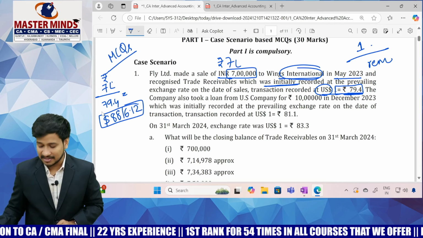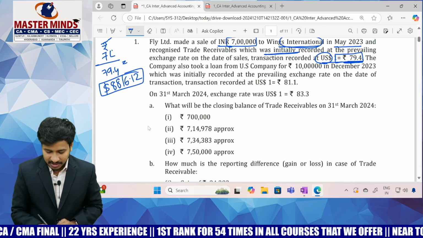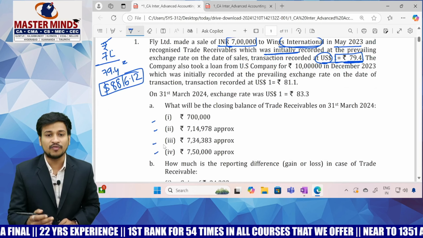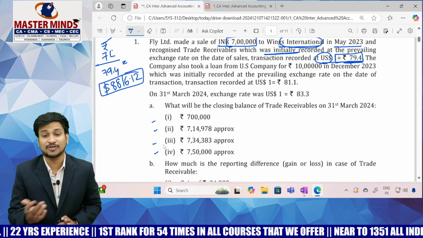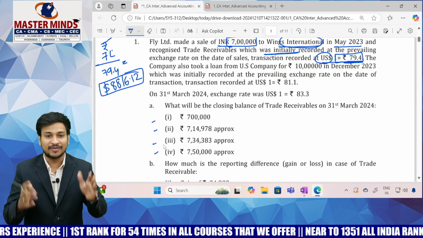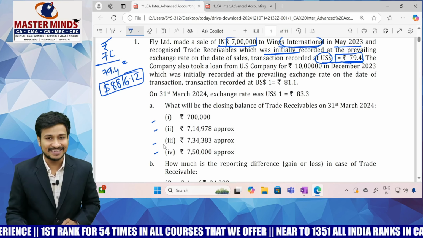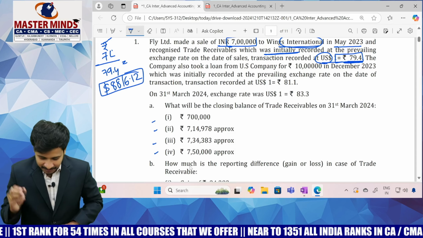The greatest part is that, if you check the MCQs, nowhere is it given that AS 11 is not applicable. So we are very happy; we can get it very easily. Let me continue.